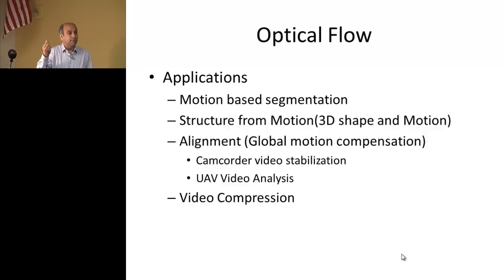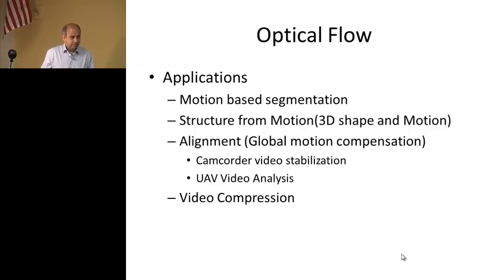Maybe something moves a little bit. So if you can find these motion vectors, the optical flow, then you can just send that, and then reproduce the video at the uncompression level. So there are many applications of optical flow. That's why it's a basic operation. It gives you how much movement there is in the image plane.